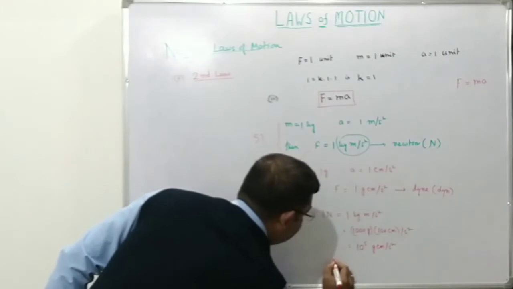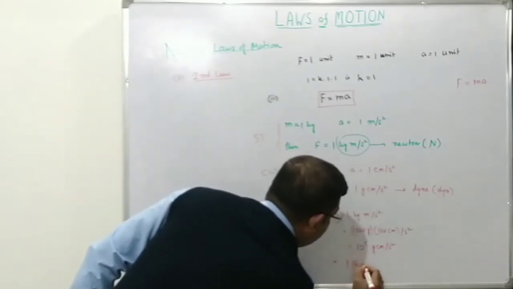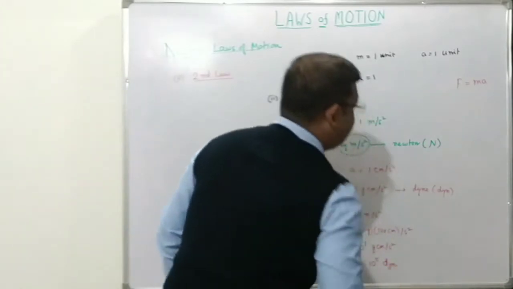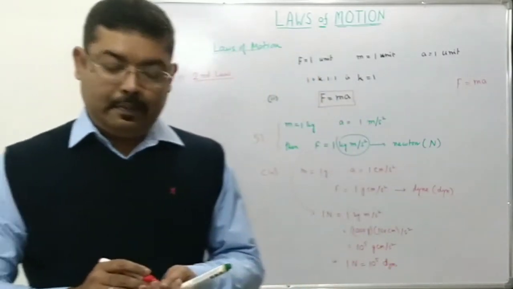That is to say 1 Newton equal to 10 to the power 5 dyne. Clear?